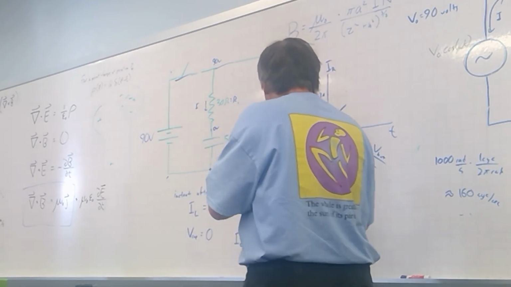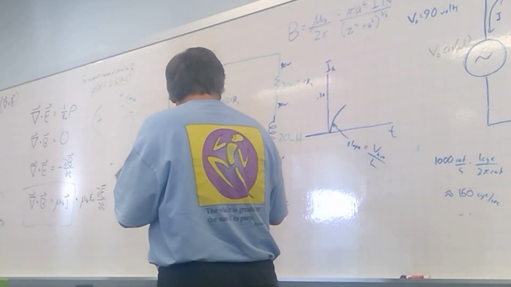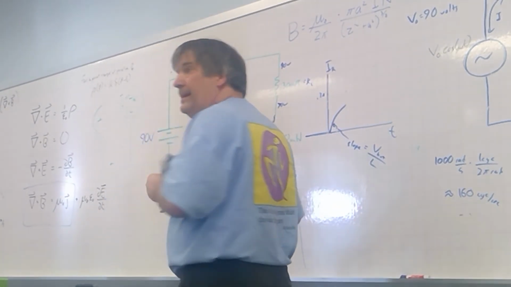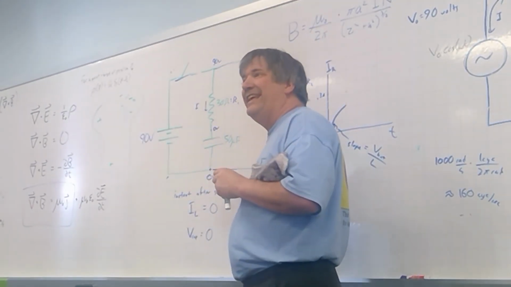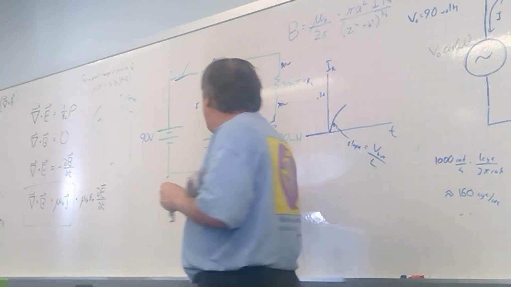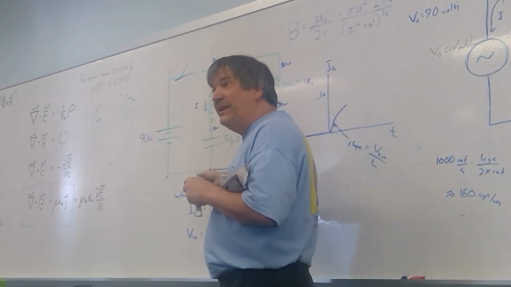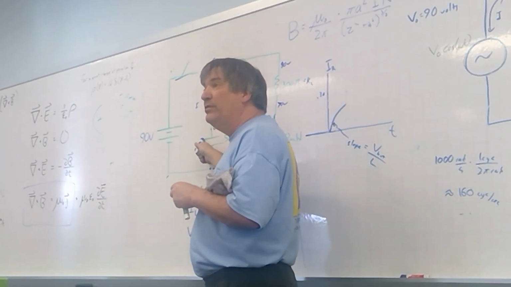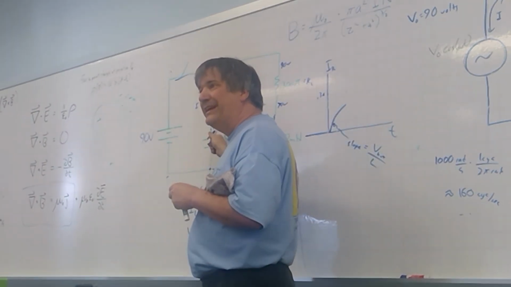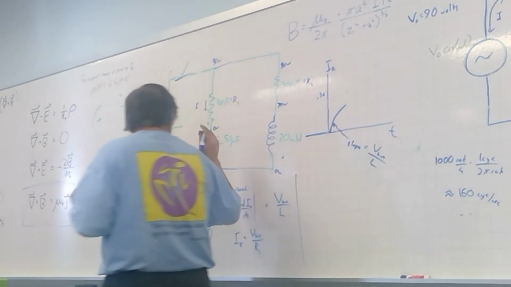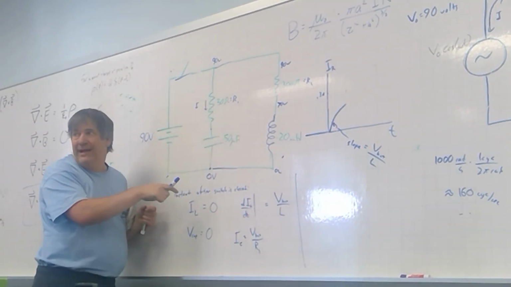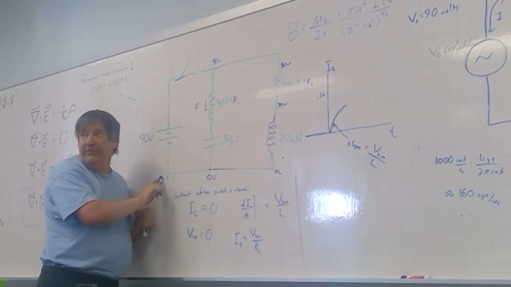The current is equal to V battery divided by R1 in the first instant, and then it's going to drop down. Yes. So this is just the instant after the switch is closed. Because once this current has been flowing for any appreciable amount of time, it has now deposited some charge on this capacitor plate. So now you don't have 0 volts across the capacitor. Suppose I've deposited enough charge that I now have 20 volts across the capacitor. This node is still grounded.